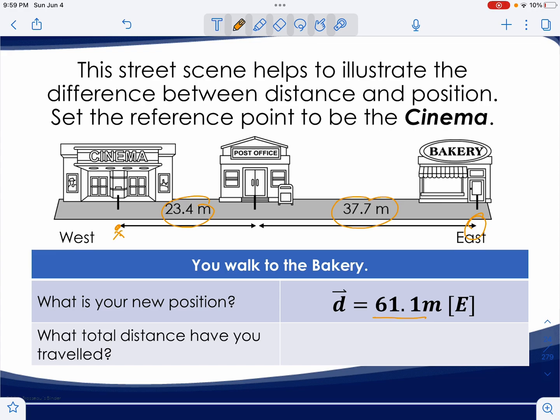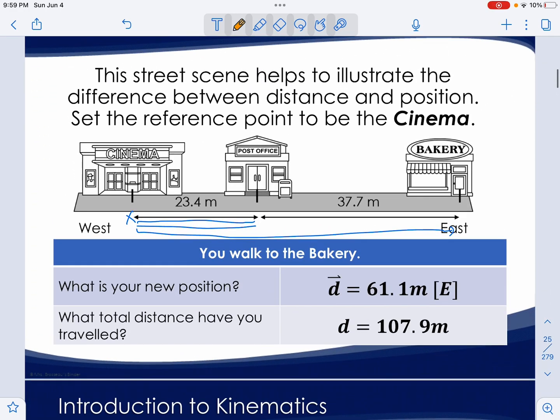Well, here you traveled 23.4, and then 23.4, and then 23.4, and then 37.7. So you travel 23.4 plus 23.4 plus 23.4, because you did it 3 times, plus 37.7, right? So the total distance that you've traveled is 107.9 meters.